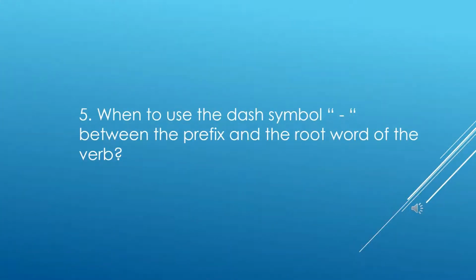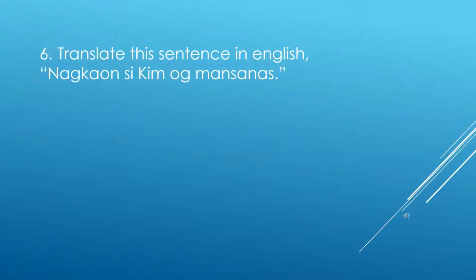Number 5. When to use the dash symbol between the prefix and the root word of the verb? Number 6. Translate this sentence in English. Nagkaon si Kim og mansanas.